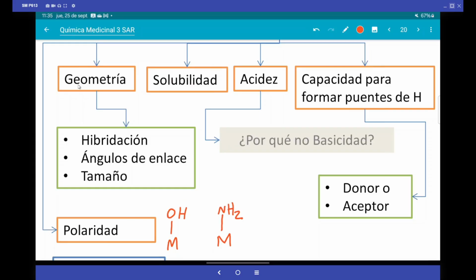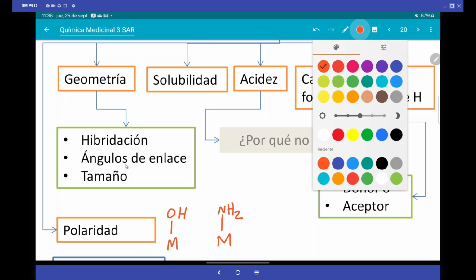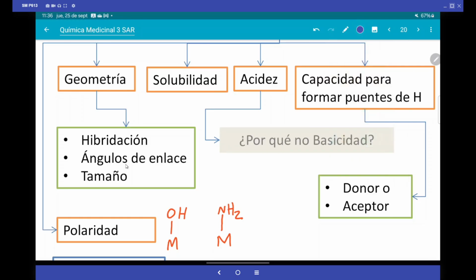We go up here, geometry, okay, when two groups have similar hybridizations, similar bond angles, similar sizes. For example, let's say we have this, it will seem maybe a little strange, this example, a ring with an oxygen group and something else.